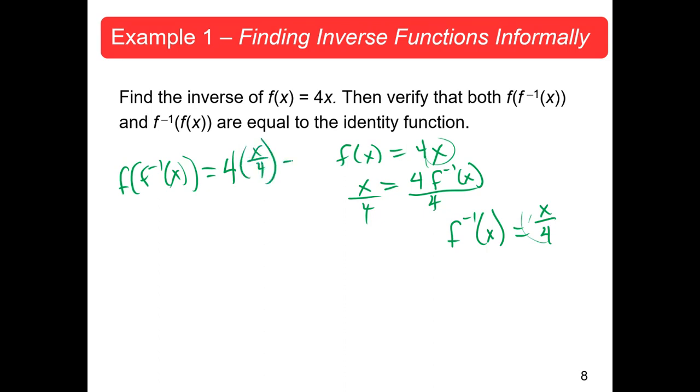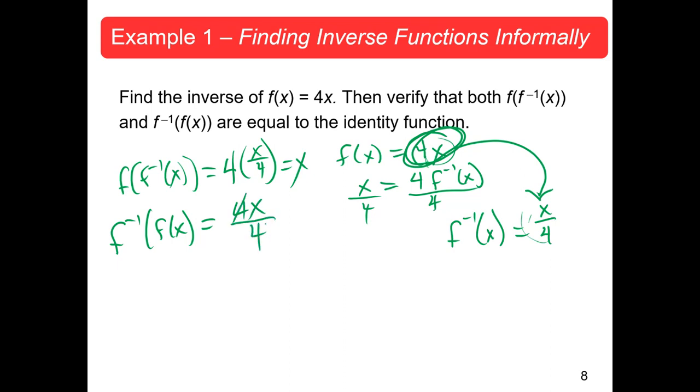The 4's cancel, and I'm left with just x. So far, so good. Let's do the other one. Let's do the negative one. So f inverse of f of x. Remember, this time, we're going to take this function here, and we're going to plug it in to this x. So that will be 4x over 4. The 4's cancel, and I'm left with this x. So we've just proven that both of these functions are inverses of each other.